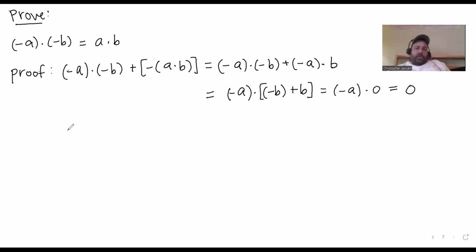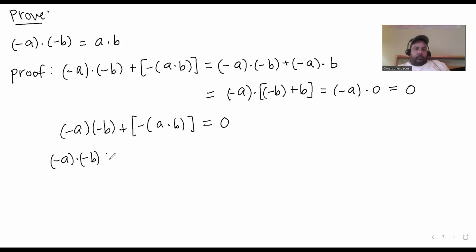Okay, so that gives us the equation minus a times minus b plus negative a times b is equal to 0. And I can add the additive inverse of negative a times b to both sides. Okay, so plus a times b equals 0 plus a times b.